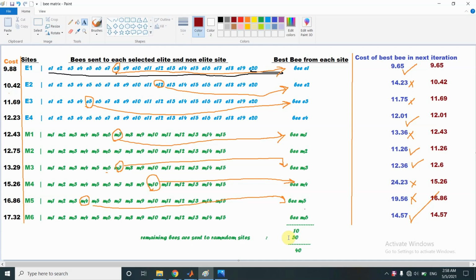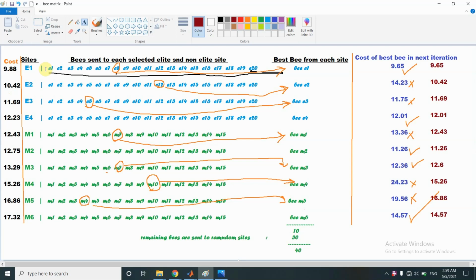So in short, at the end of each iteration, we will have 10 best sites. Of those 10 best sites, we will have 4 elite and 6 non-elite sites. In the next iteration, we will send some 20 bees to the elite sites and 15 bees to non-elite sites.